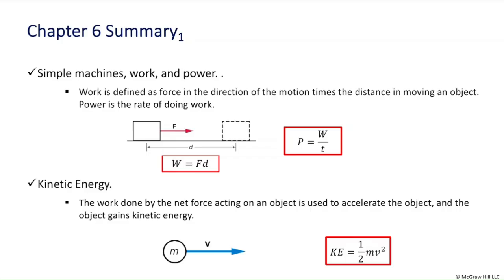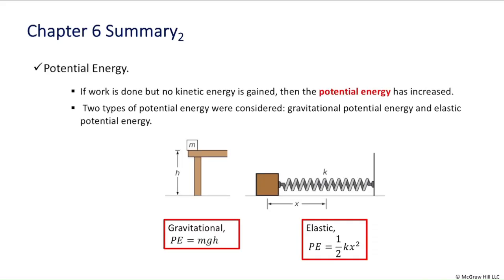And if the work done by the net force is used to accelerate the object, then we say that the object gains kinetic energy. Next, the potential energy. If work is done but no kinetic energy is gained, we say that the potential energy has increased. So in here we defined two types of potential energies: gravitational potential energy and elastic potential energy.